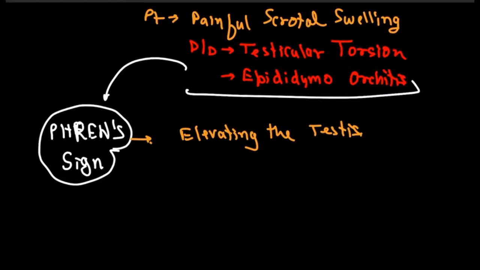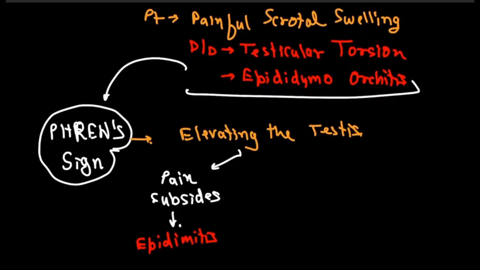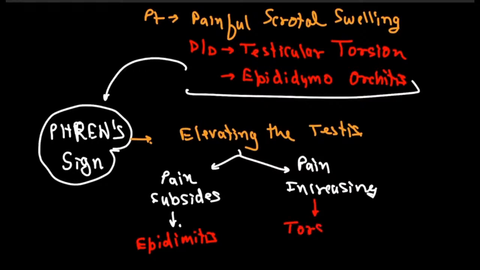Okay, if on elevating the testes the pain subsides, probably the pain is relieved, probably the diagnosis is epididymitis. But if on elevation of the testes the pain is actually increasing, what is the diagnosis? The diagnosis is torsion of the testes.